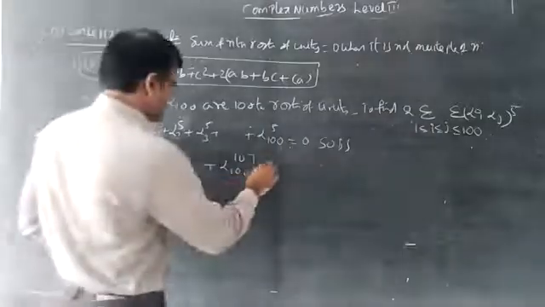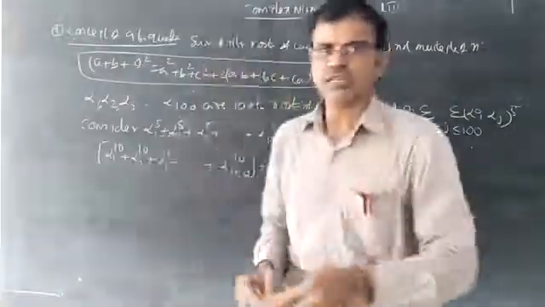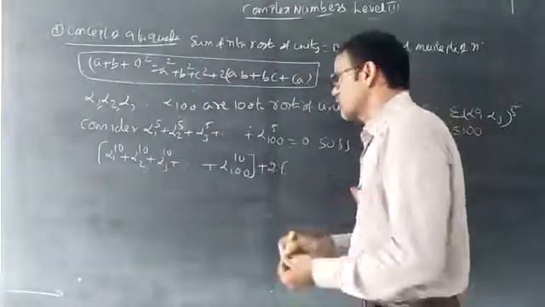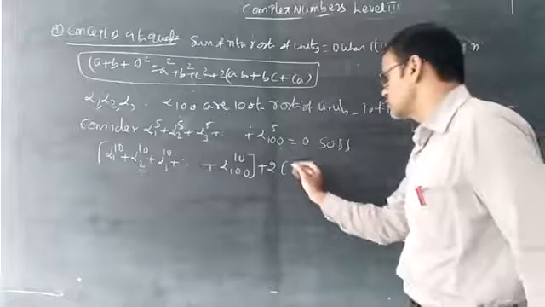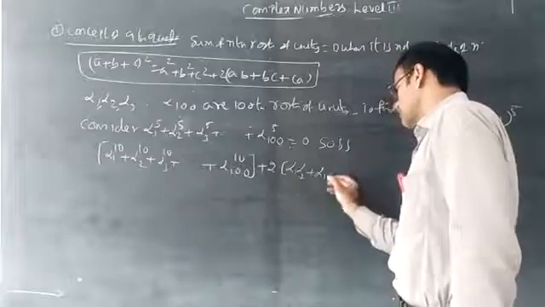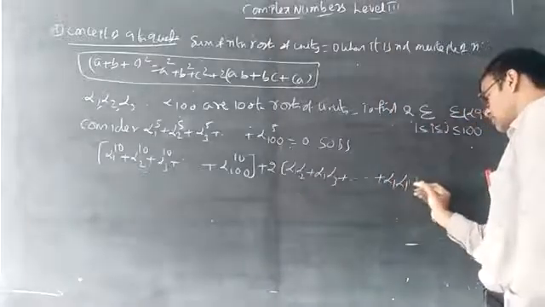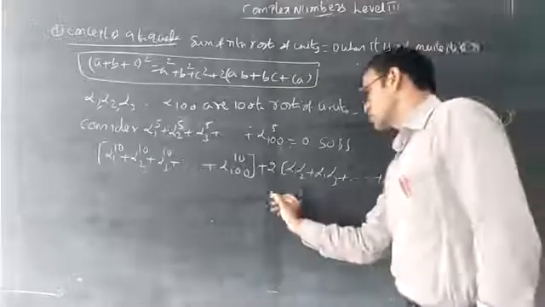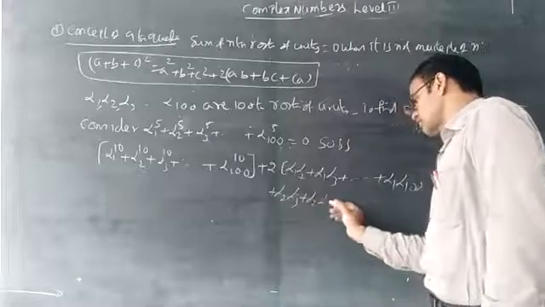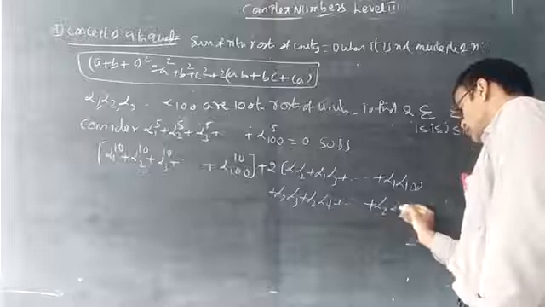Plus, the formula, if you take only 3 terms you can understand, plus 2 into, now you can understand students, the 2ab concept. 2 into alpha 1 alpha 2, next alpha 1 alpha 3, next up to alpha 1 alpha 100. Then alpha 2 alpha 3 plus alpha 2 alpha 4 and so on, at last alpha 2 alpha 100.